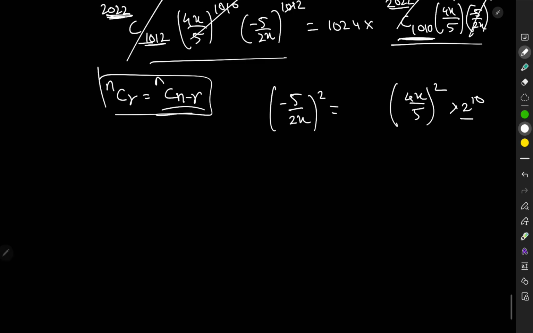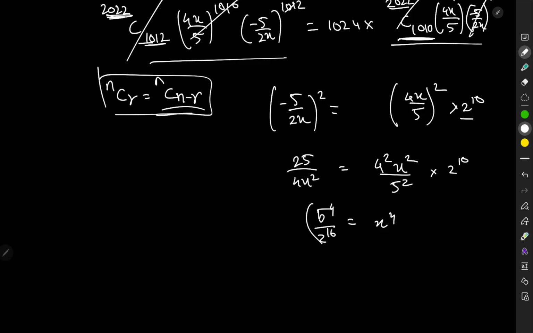So I'll get 25 times 4x square is equal to 4 to the power 2 times x to the power 5 square multiplied by 2 to the power 10, right? So take x on one side and the others on the other side, and get 5 to the power 4 divided by 2 to the power 16.